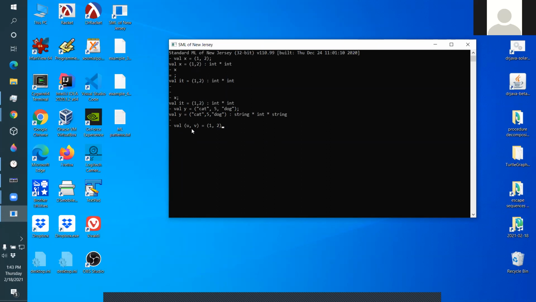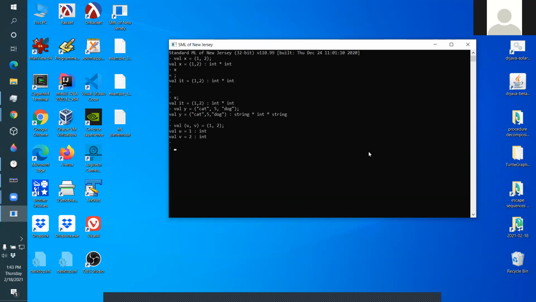And if they match, make U that part of the value and V that part of the value. So what I'm doing is I'm declaring two variables out of a pattern. See, I actually declared two variables. Okay, X is the pair 1, 2. This is a pattern match. This is a pattern. This is a value. I matched the pattern to the value, and that declared the variables in the pattern.